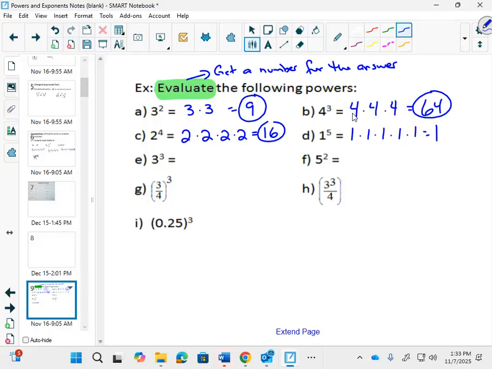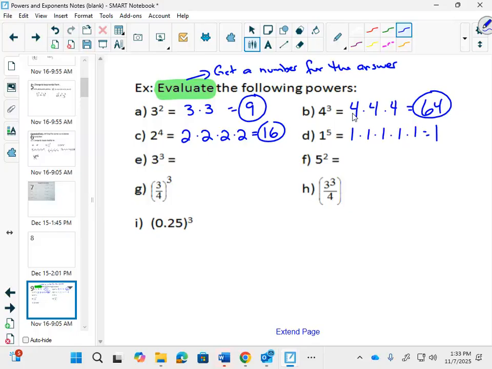3 cubed. Oh, they have special words when it's a 2. Have you ever heard 3 squared as a special word? For the 3, we sometimes say cubed, 3 cubed. But all other numbers, we would just say 2 to the exponent 4, or 2 to the 4, you sometimes hear.